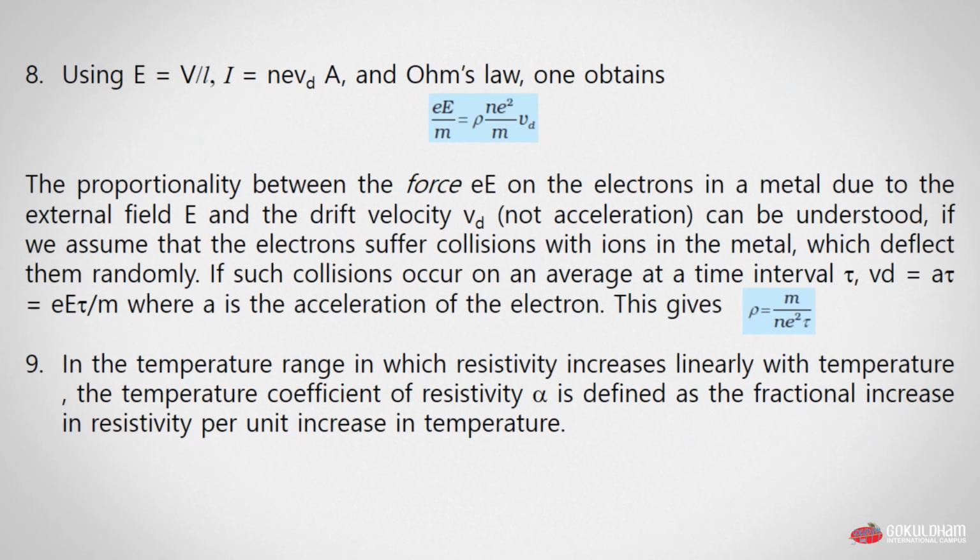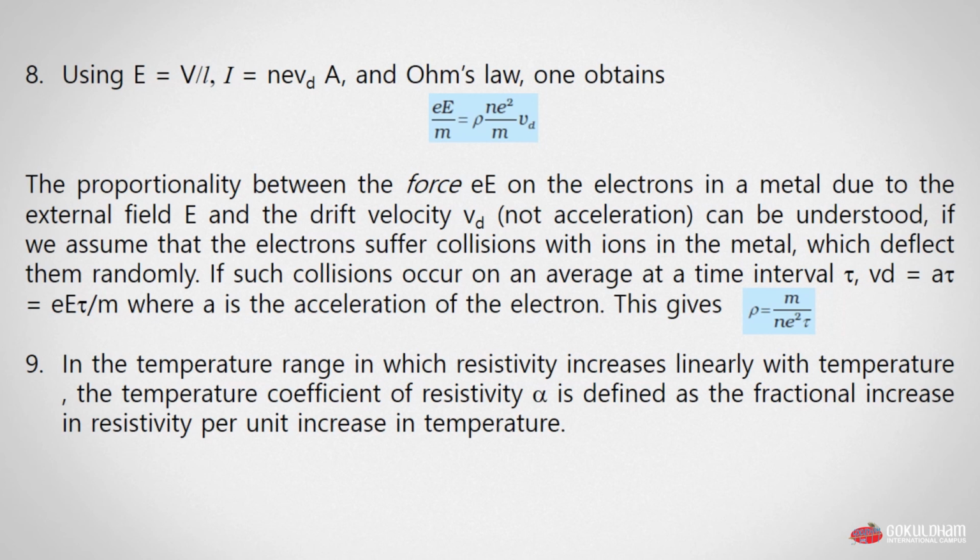Using E = V/L, I = n e v_d A, and Ohm's law, one can obtain eE/m = ρ (ne²/m) v_d. The proportionality between the force eE on the electrons in a metal due to the external field E and the drift velocity v_d, not acceleration, can be understood if we assume that the electrons suffer collisions with ions in the metal which deflect them randomly.